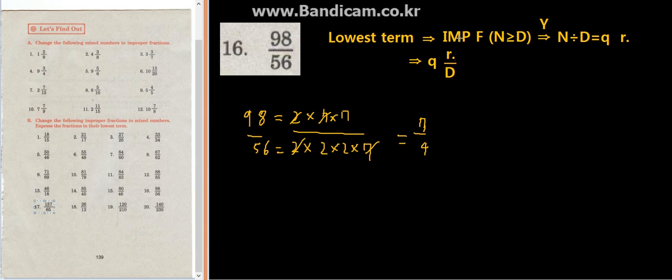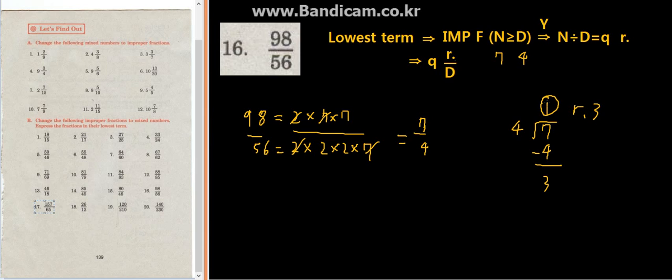Then we calculate. First, is this an improper fraction? The answer is yes. The numerator is 7 and the denominator is 4, so it's definitely an improper fraction. So we divide the numerator 7 by the denominator 4, and the quotient is 1, and 7 minus 4 is 3, so the remainder becomes 3.